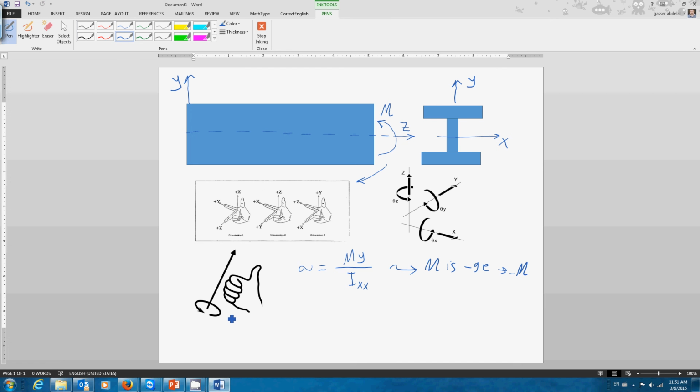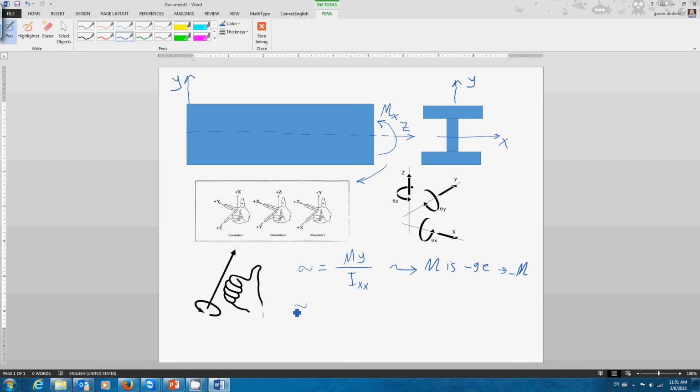If you put your thumb in the x direction and check M, if it's positive in the x direction, Mx should be clockwise, but it's not clockwise, again according to the system of axes I chose. So in this case M is negative.